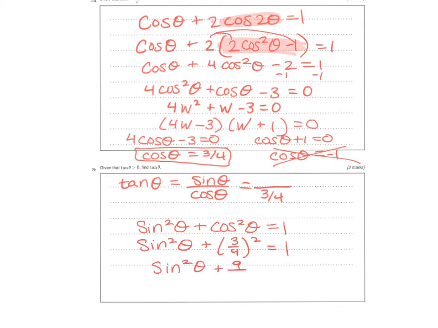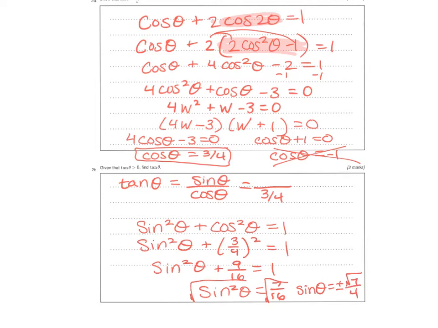So that's plus 9 over 16 equals 1. So now we have sine squared of theta equals 7/16. And we're going to take the square root of both sides. So that tells us sine of theta equals plus or minus the square root of 7 over 4.